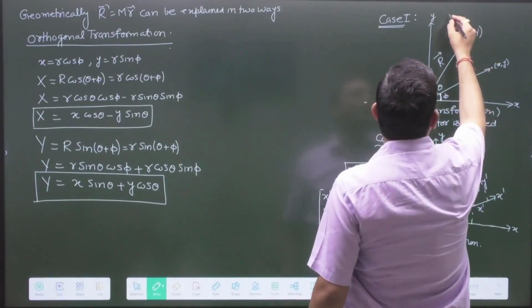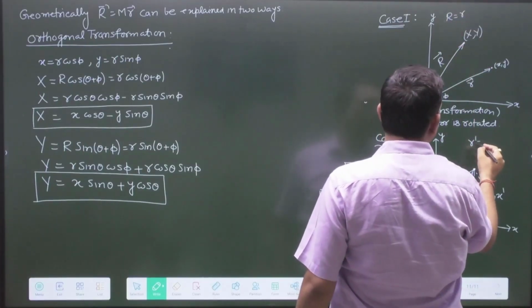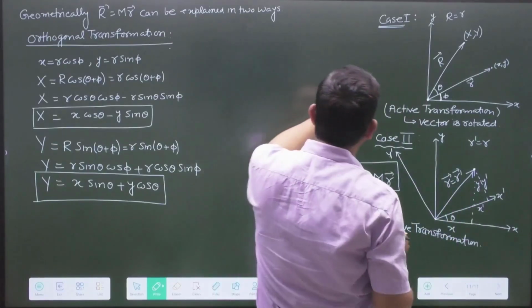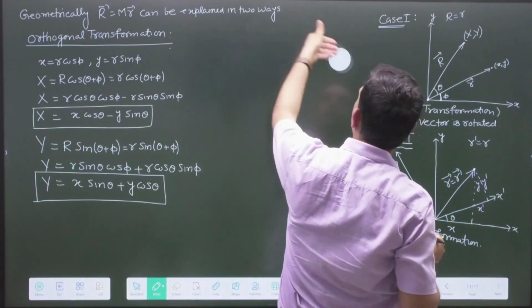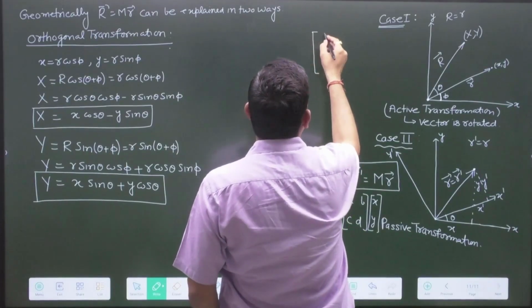So here I am talking about capital R is equal to r dash is r. So how will you write this transformation? What will be capital X, Y? Just see.